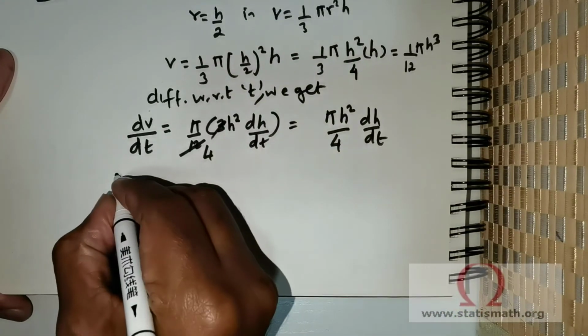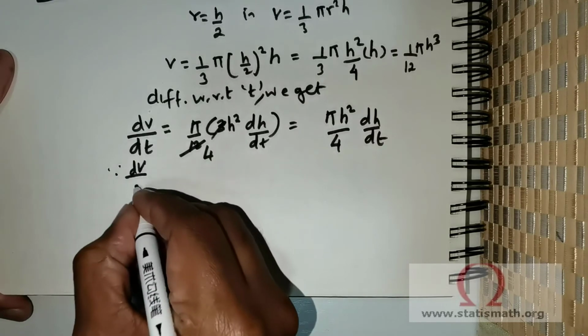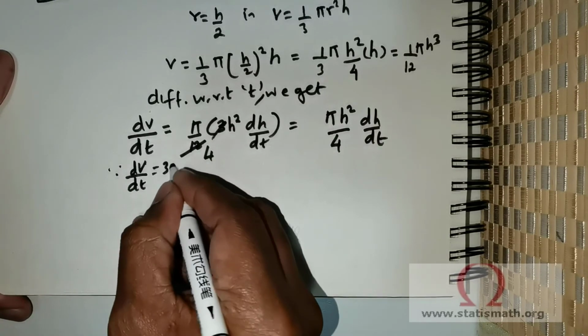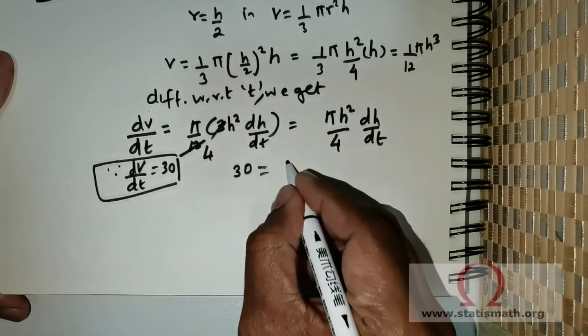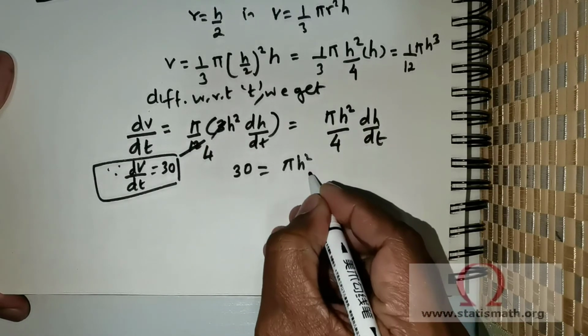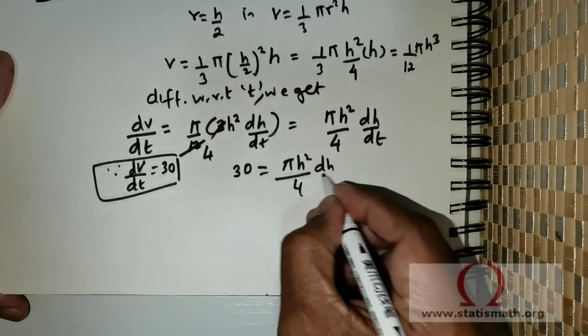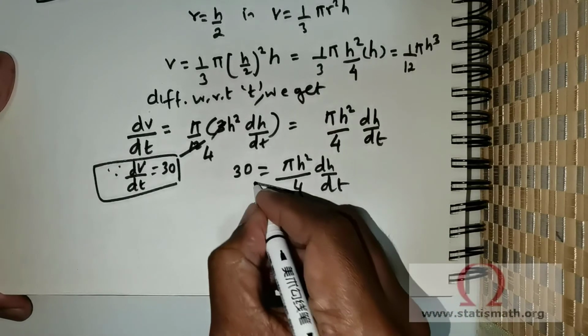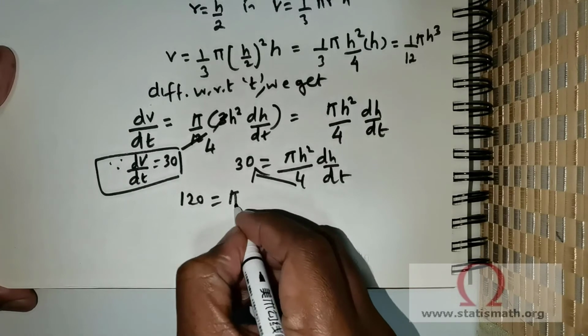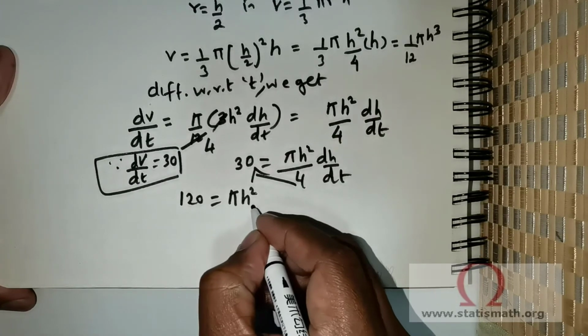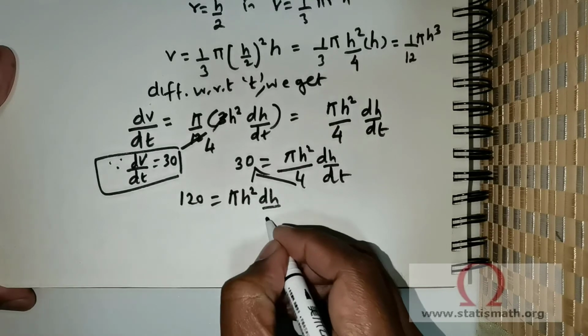But we know that dV over dt is given to be 30. So when we substitute that, we get 30 equal to pi times h squared over 4 times dh over dt. I cross multiply, I get 120 equal to pi times h squared times dh over dt.